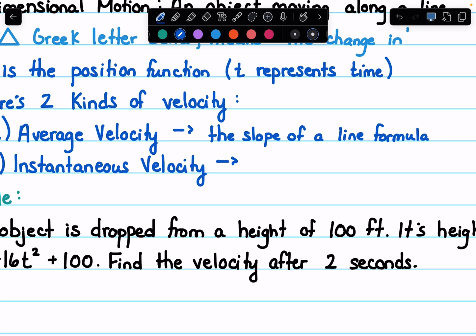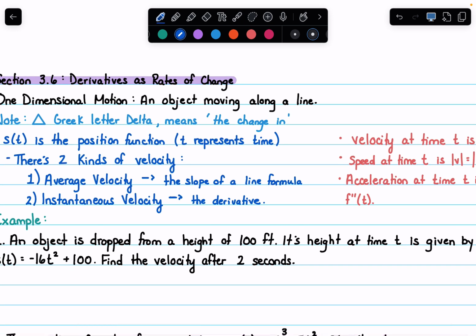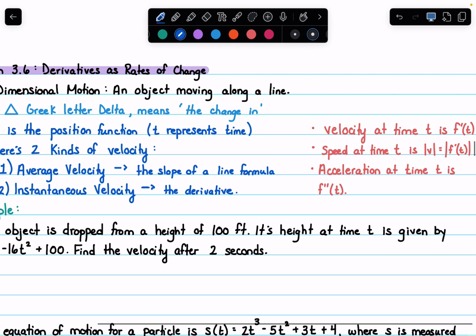And the instantaneous velocity is the derivative. Most times if you see the word velocity, you need to take the derivative. Velocity at time t is the derivative of the position function. Speed at time t is just the absolute value of the derivative. And then acceleration would be the second derivative. So you have velocity, first derivative, acceleration, second derivative. That's like the main thing that you need to understand.